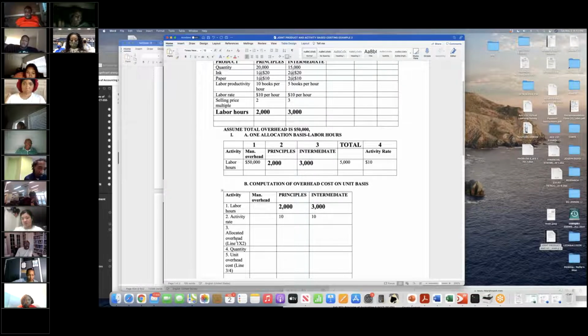Then what does it say? Allocate overhead: line 1 times line 2. 2,000 and 10,000 and 30,000. How much? 20,000 and 30,000. And that's how we're allocating the 50,000.